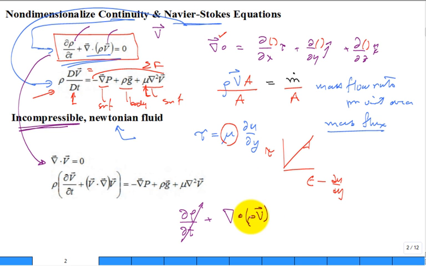But if rho is constant, then it can come outside, and then we just have that this is equal to 0. You can multiply both sides of the equation by 1 over rho to get rid of the rho. The right-hand side is still 0, and the left-hand side becomes simply del dot V.